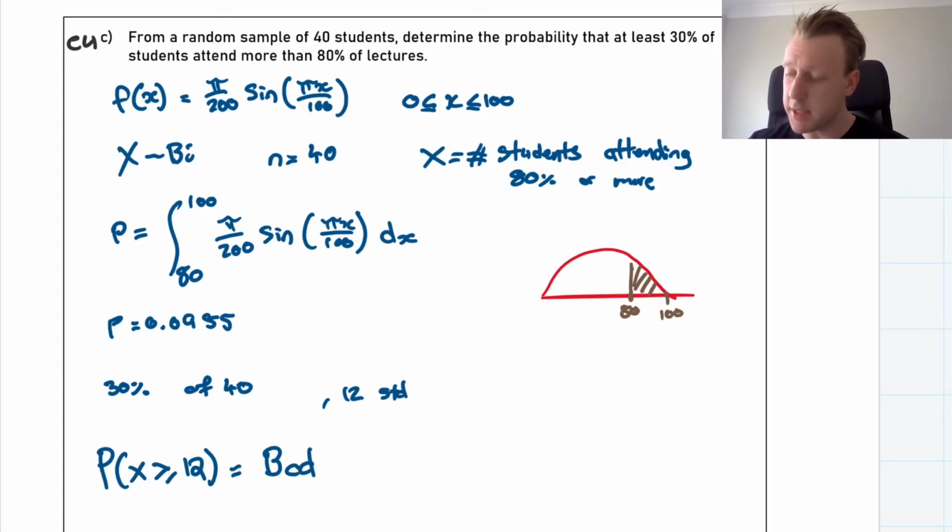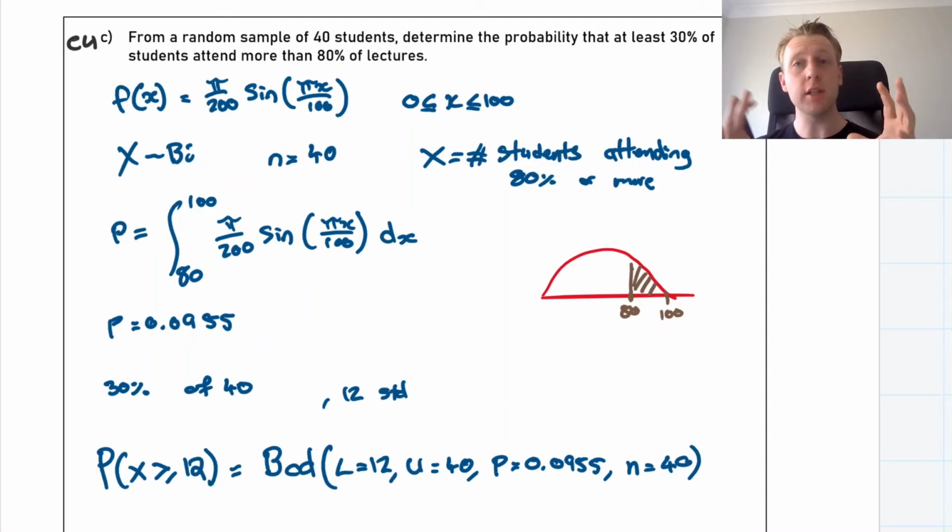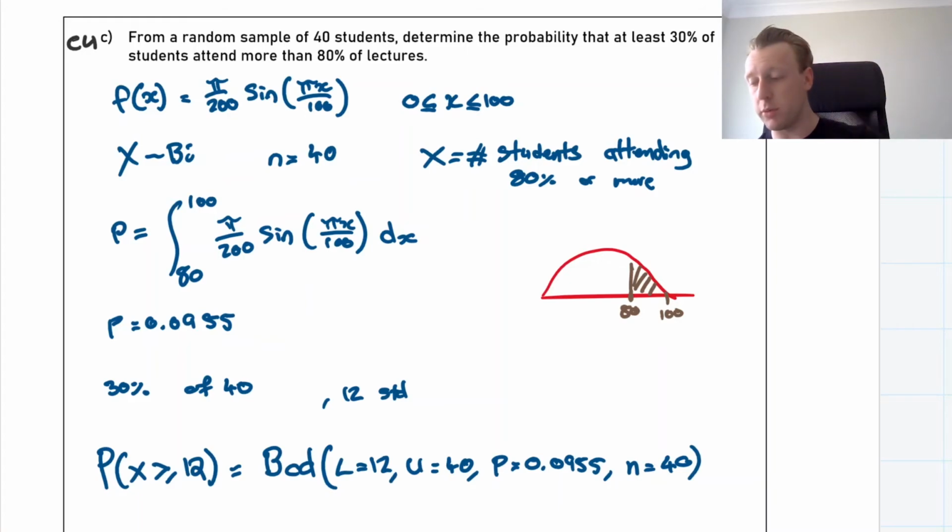So the probability that x is greater than or equal to 12 is binomial, where you start with the lower amount being 12, the upper amount being 40, the probability of success being 0.0955, and n being 40. You can put that in your calculator, you're going to get your answer. Just a little bit of interpreting with what's going on with this, right, is that you're picking 40 kids at random, and you want to know who's going to.